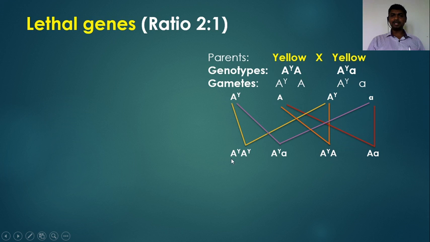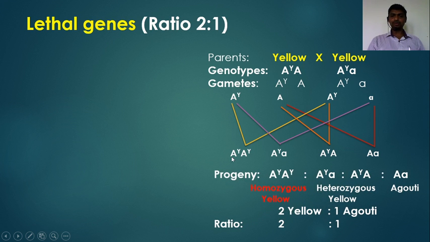The first two types are from the one parent, produced from capital AY, A, and this one is from the other parent. These gametes fuse with each other to get four different progeny: capital AY, AY; capital AY, small a; capital AY, capital A; and capital A, small a.